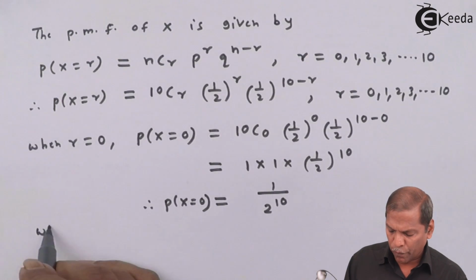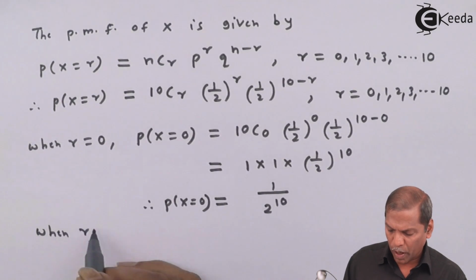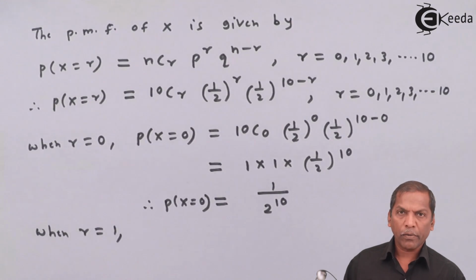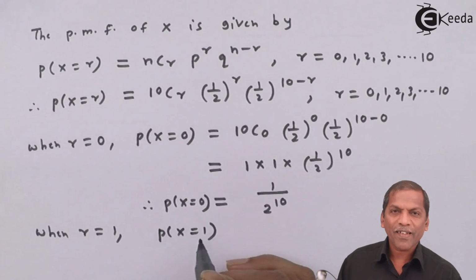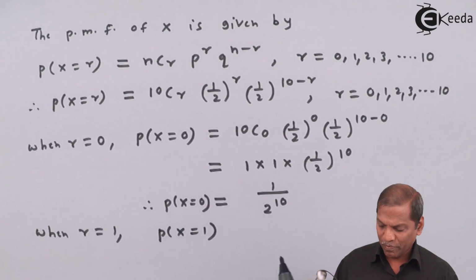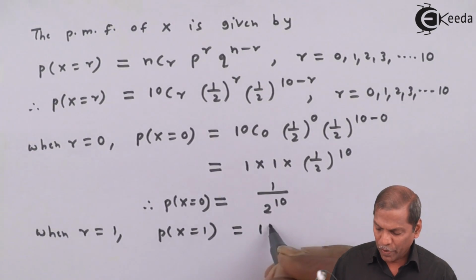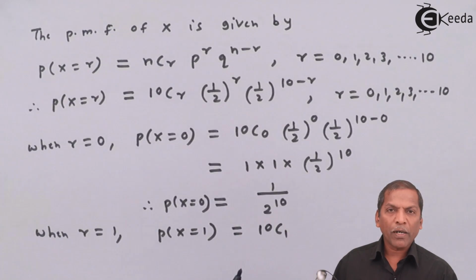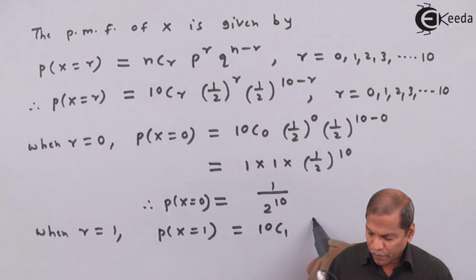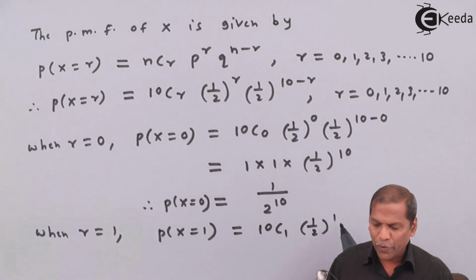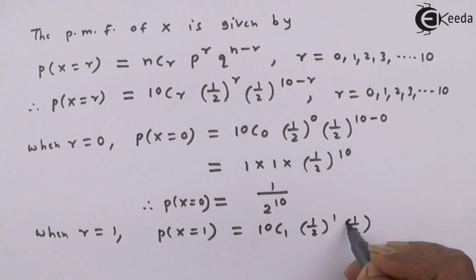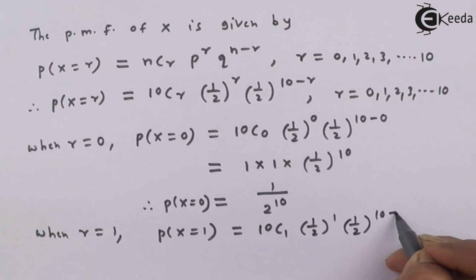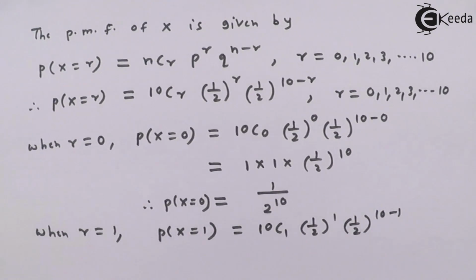Next value, when r is equal to 1. So we have probability x equal to 1 equal to 10C1 into 1 upon 2 raise 1 into 1 upon 2 raise 10 minus 1.